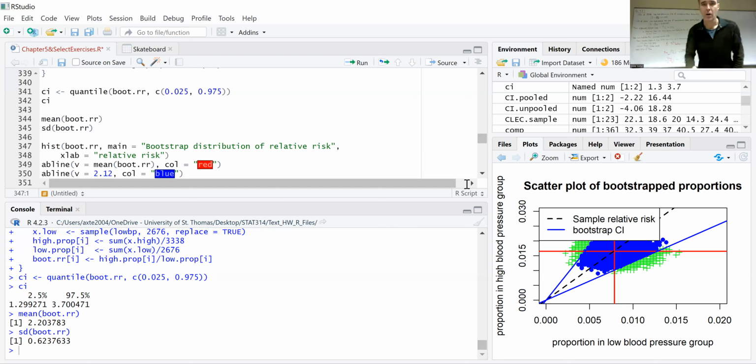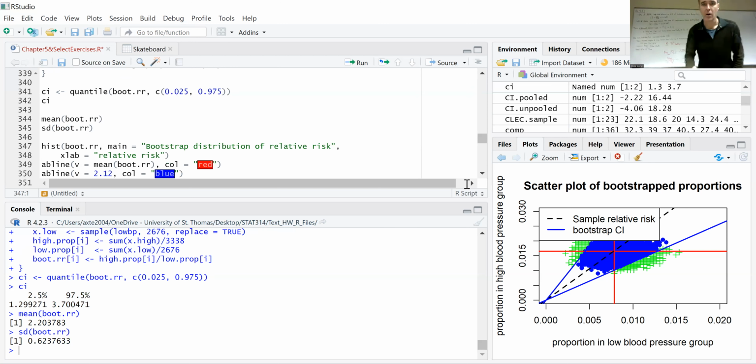And then the original value was 2.12. So that bias then gives me, calculator, 2.204 minus 2.120 is what, 0.086? Oh boy, I feel scared about that.